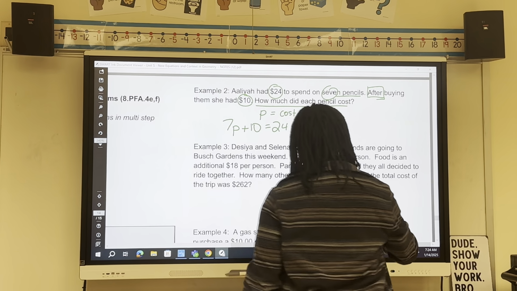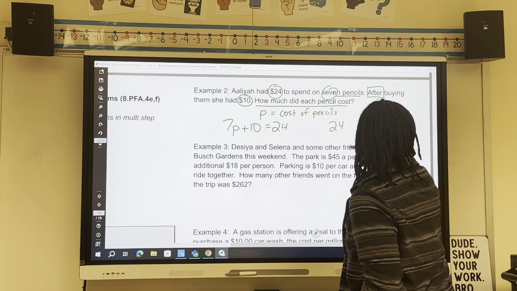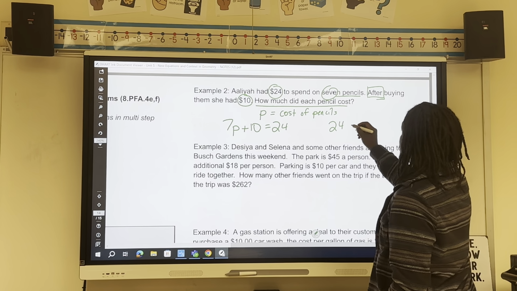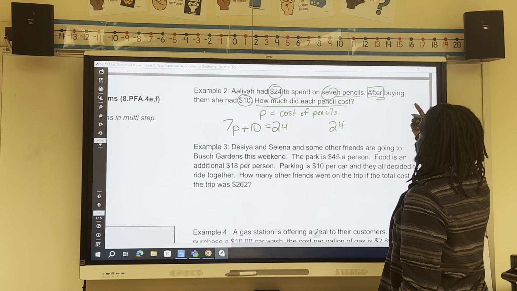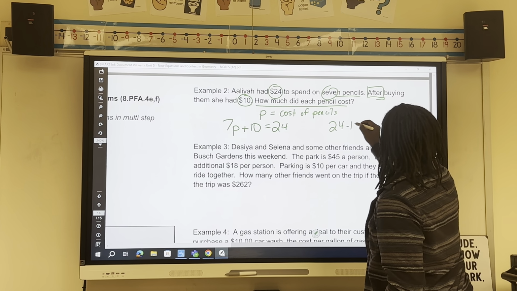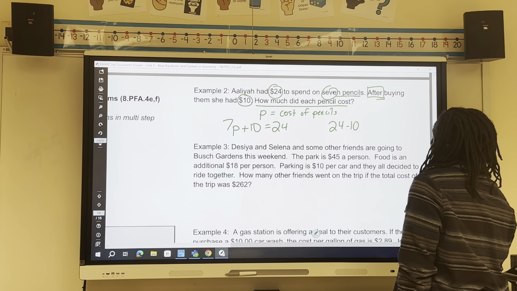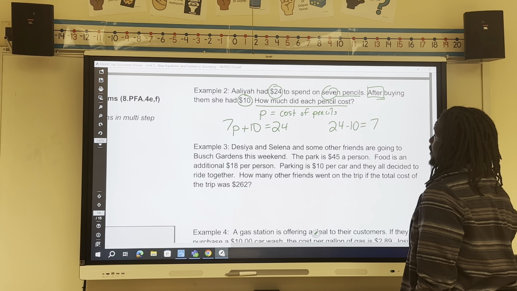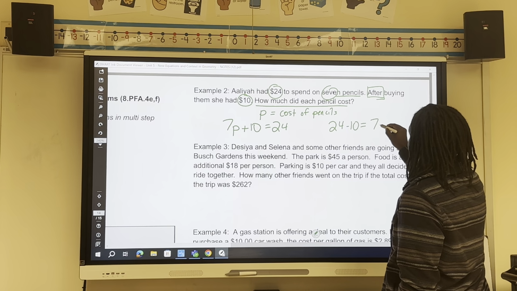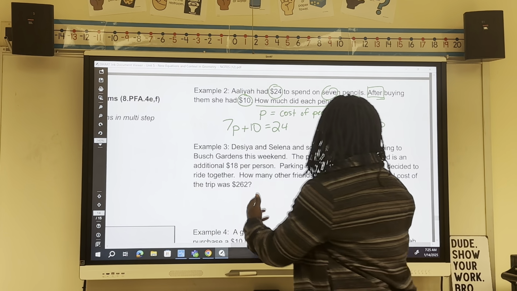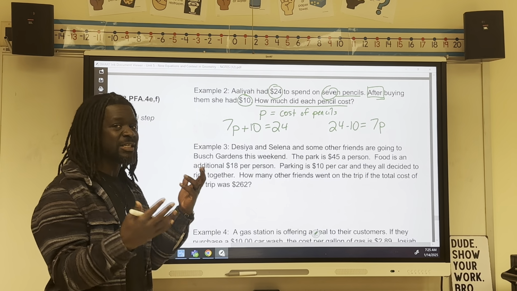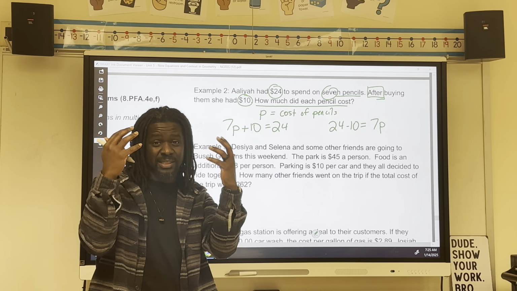Maybe you wrote it backwards like this. She had 10 left over, so maybe you said 24 minus 10 equaled how much she paid for the pencils, 7p. Really you could have done it either way. It is based on how you read and interpret it.